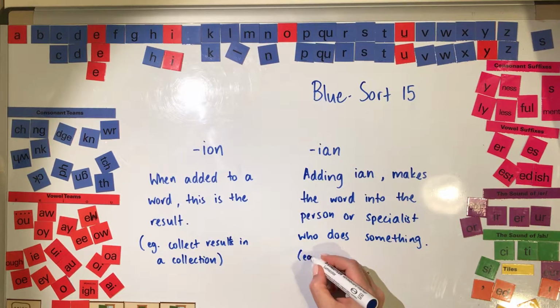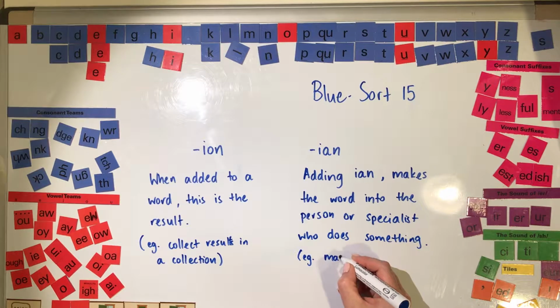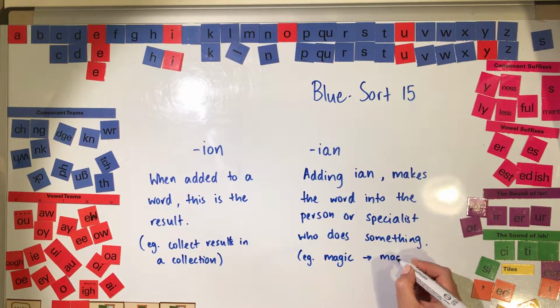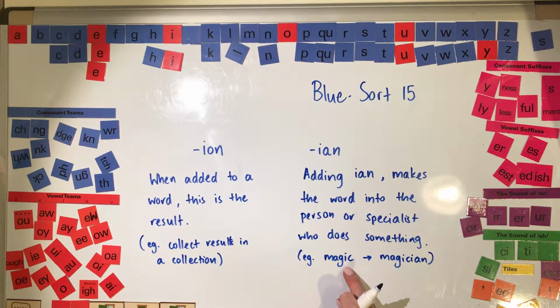E.g., magic goes to magician. So see we've added I-A-N, and suddenly we've gone from the thing that they do to the specialist who does that thing.